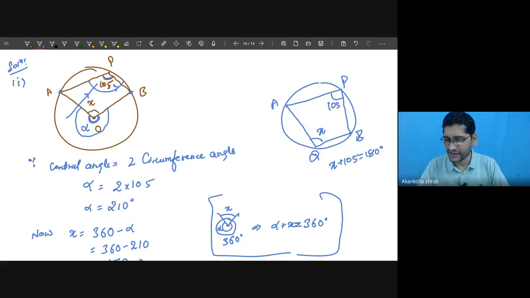This is the cyclic quadrilateral, provided this Q lies on the circumference.